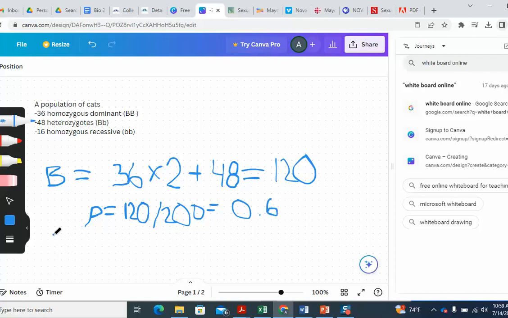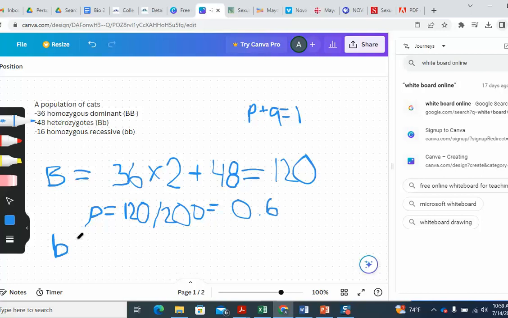If we wanted to solve for the frequency of the recessive allele, we could use the Hardy-Weinberg equation P plus Q equals 1. Because when you only have 2 alleles for a given trait, their frequencies are always going to equal 1. We could also just use the same principle that we did to calculate the number of big B alleles.